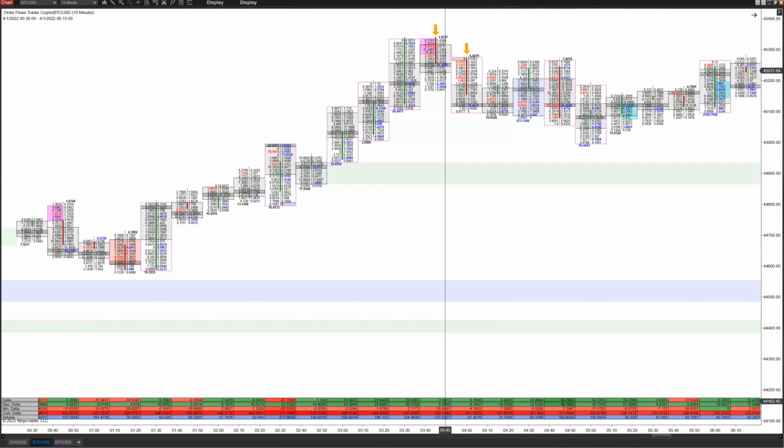That had a delta of 3. So you're sort of coming up here to this high, and you just sort of get this feeling that this move is pretty much over, right? Because even though it's positive delta, it's not strong anymore. It's really kind of weak to neutral, in the sense that aggressive buyers aren't really in control that much.